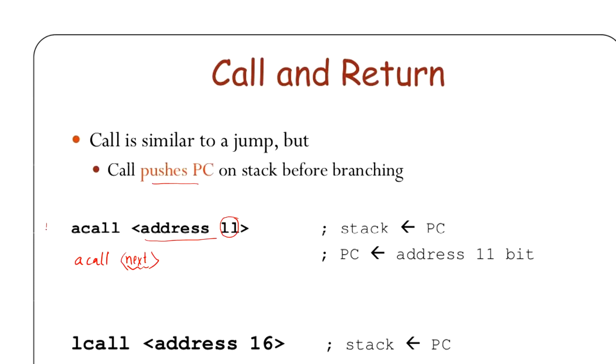Once you encounter this ACALL, first whatever address the program counter holds, that is 16-bit, is stored into the stack. And as well all the flags of your program are stored in the stack.